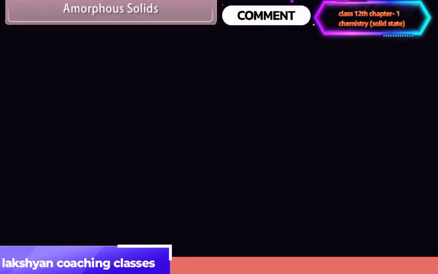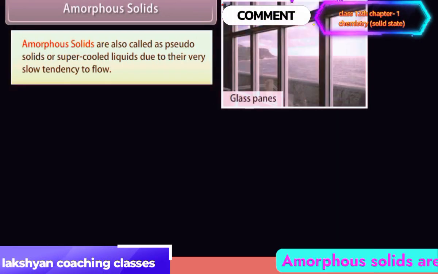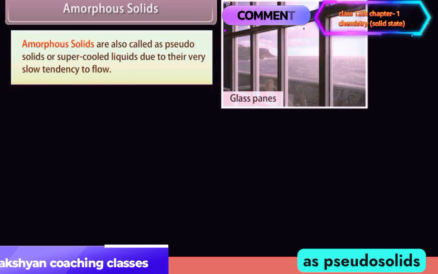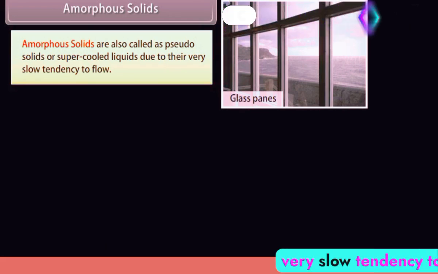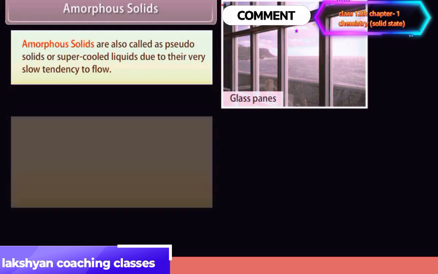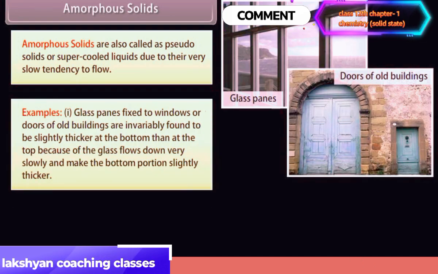Amorphous solids. Amorphous solids are also called pseudosolids or supercooled liquids due to their very slow tendency to flow. Examples. 1.